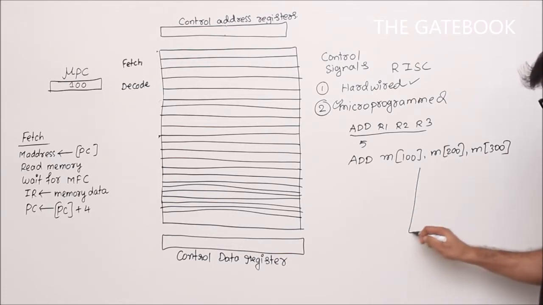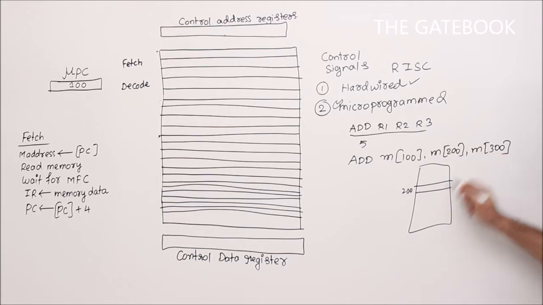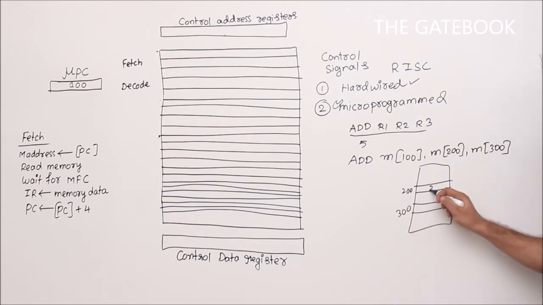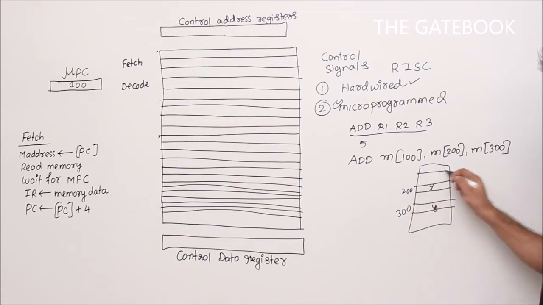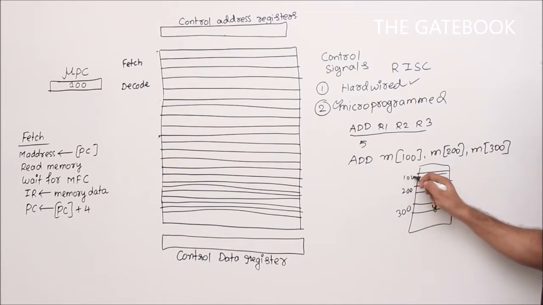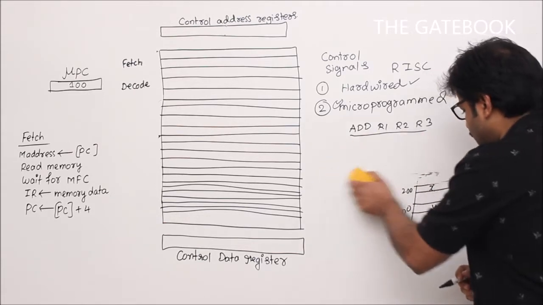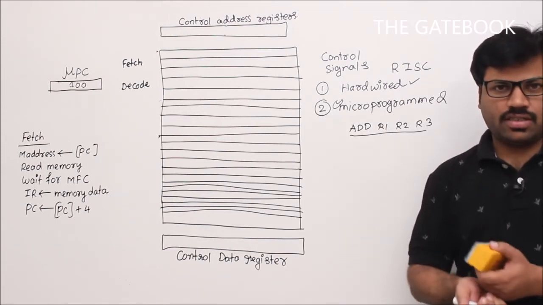Go to memory of 200, go to memory of 300 and fetch the operands, let's say x and y, then add them, we need an adder circuit, x plus y, then store it in memory of 100. How complex this instruction is, to execute it you need a lot of cycles, correct? This kind of instruction is generally called a CISC instruction. Then you might require more than 5 stages to execute this instruction, correct?